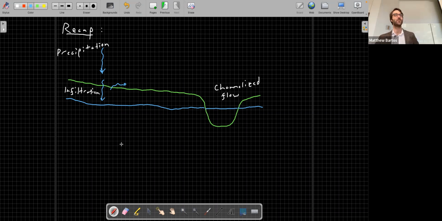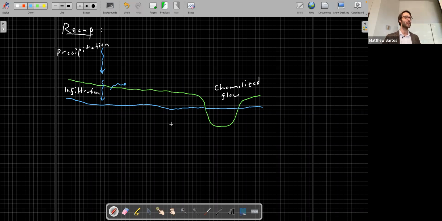Right, so we talked about infiltration excess runoff and saturation excess runoff. What are some methods we use to compute the amount that infiltrates and the amount that runs off? Green-Ampt is one of them, and the other one is the SCS method. Just doing a quick recap of everything we've learned in the hydrology module.